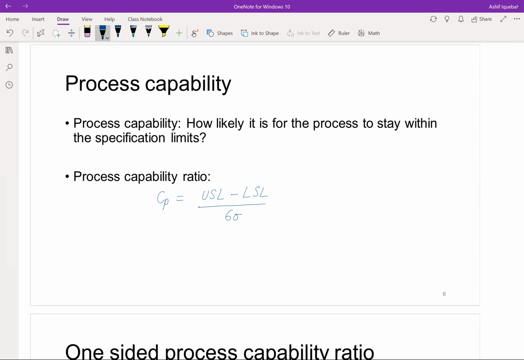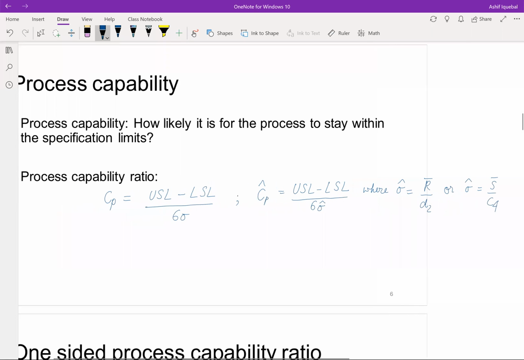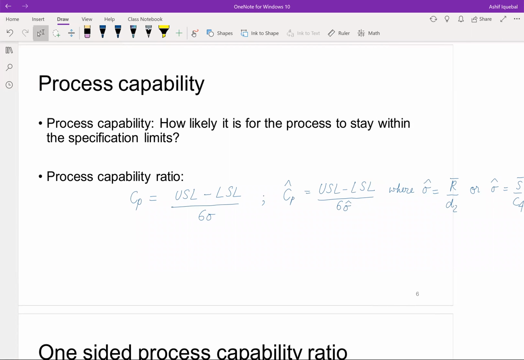And if sigma is not given to you, you can use CP hat, which is USL minus LSL divided by 6 sigma hat, where sigma hat can be estimated by two different methods. You can use R bar by d2, or you can use S bar by c4, right?